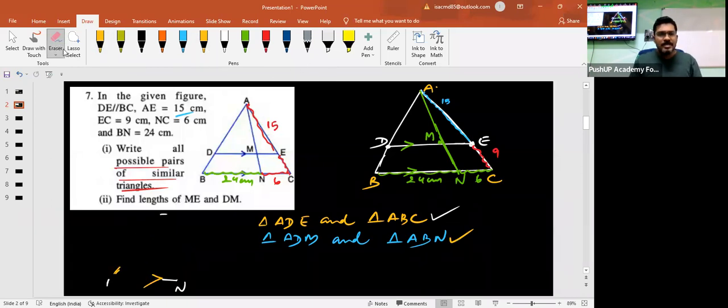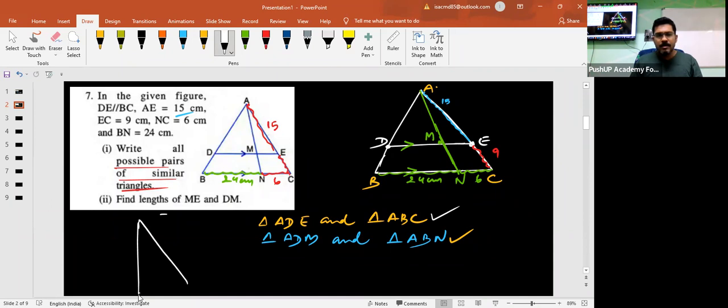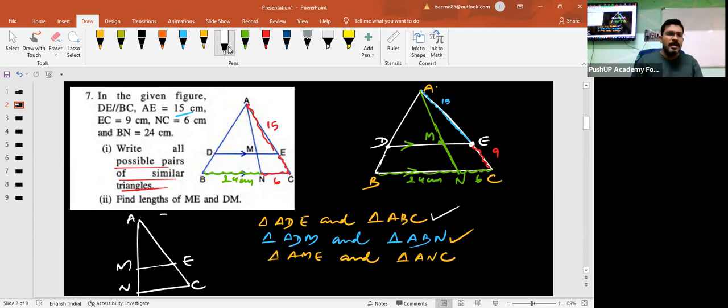Now, let us take these 2 triangles, triangle AME and triangle ANC. In these 2 triangles, don't you feel angle A is common in both?